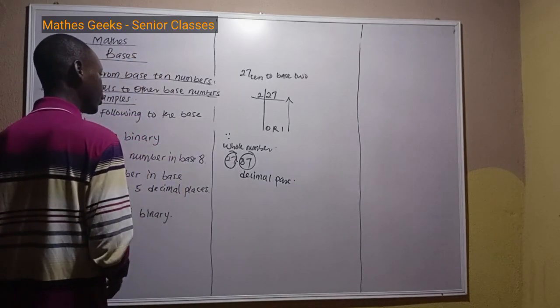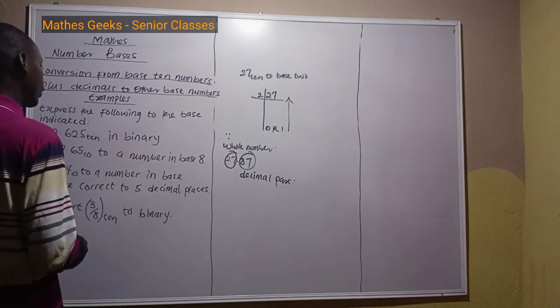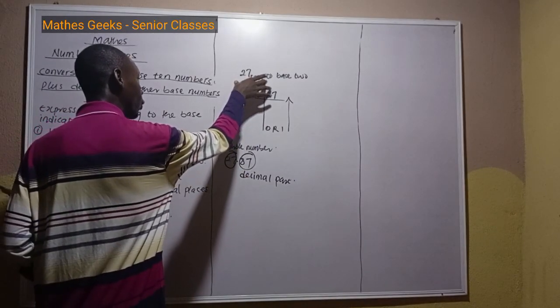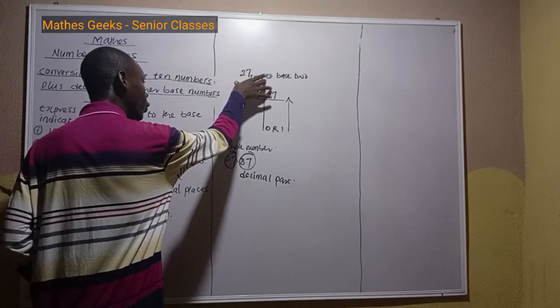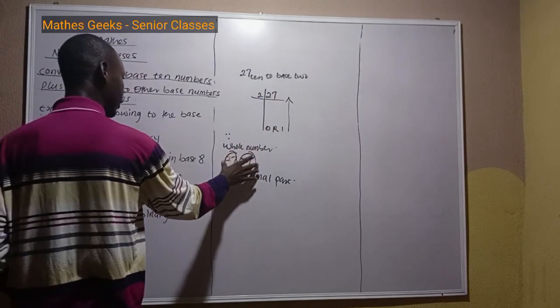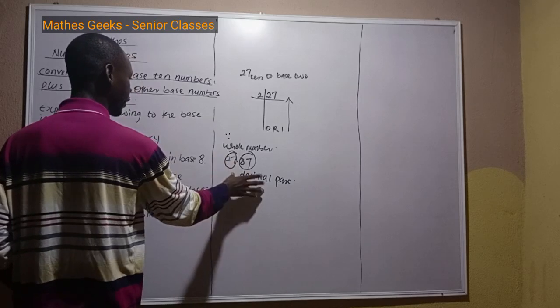So it's the same way we converted 27 base 10, which is a whole number, to base 2.